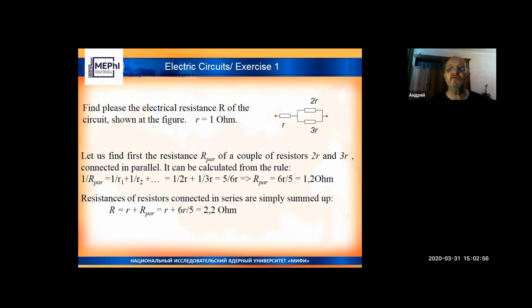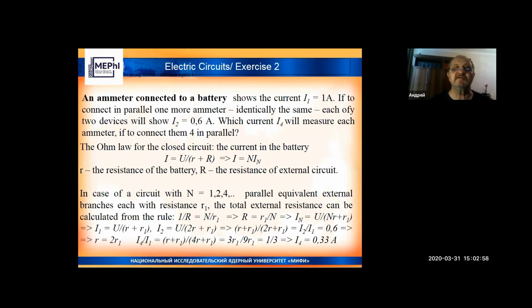Let us consider one more example, formulated in a little bit more complicated form. Imagine that you have a battery which produces some voltage. Now you want to measure which current this battery will generate, and you attach an ammeter. 1 ammeter will register the current 1 ampere.